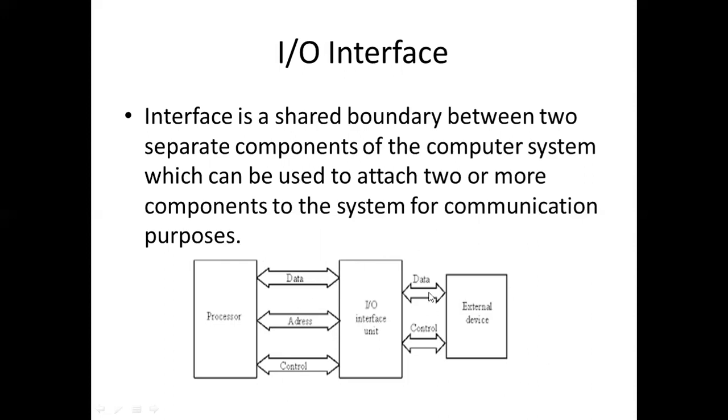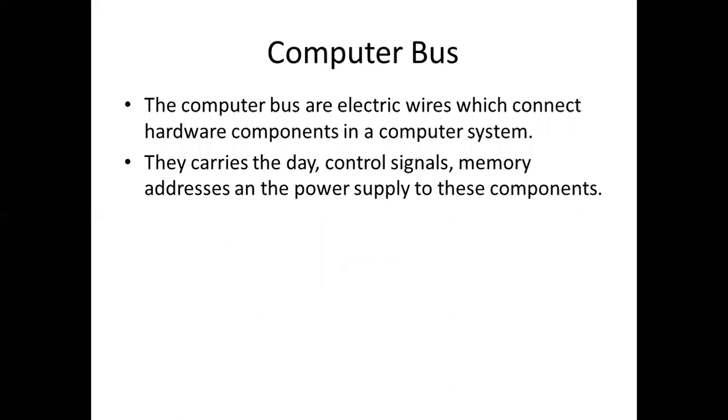Within the interface, as I have spoken about, the communication is done through buses such as the data bus, address bus, as well as the control bus. Now, talking of a bus, what is a bus then? When we're talking of a bus, it's for transportation, for moving, for carrying, in other words.